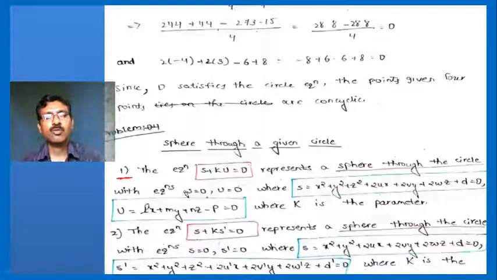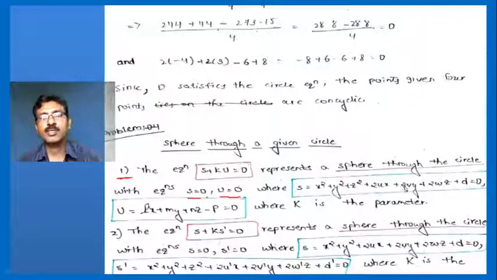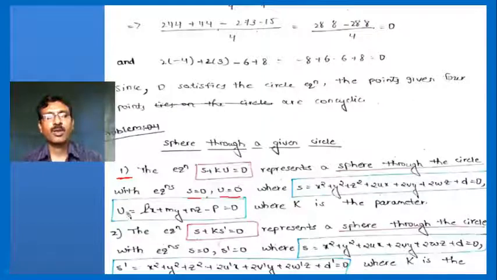equations, S equal to 0, U equal to 0, where S is the equation of the sphere, x square plus y square plus z square plus 2ux plus 2vy plus 2wz plus d equal to 0, and U is a plane, lx plus my plus nz minus p equal to 0, or we can take ax plus by plus cz plus d equal to 0.